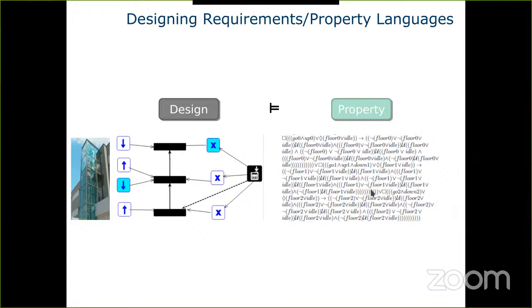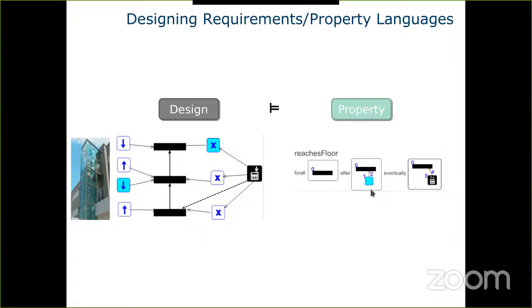And maybe I can rewrite it in a more appropriate language, which is a combination of a temporal logic language and some "for all floors". It goes over all the entities. It says basically for all floors with label O, after on the floor with label O, a button has been pressed.